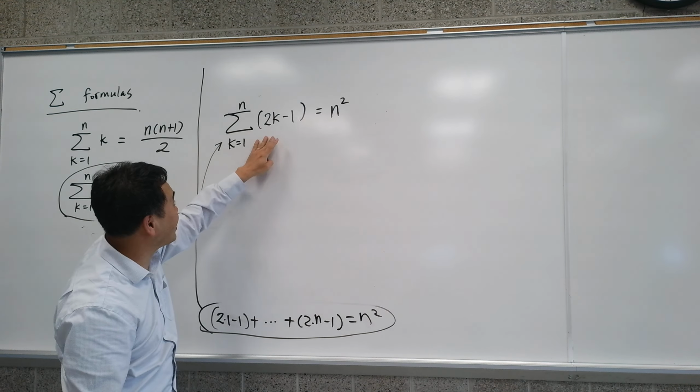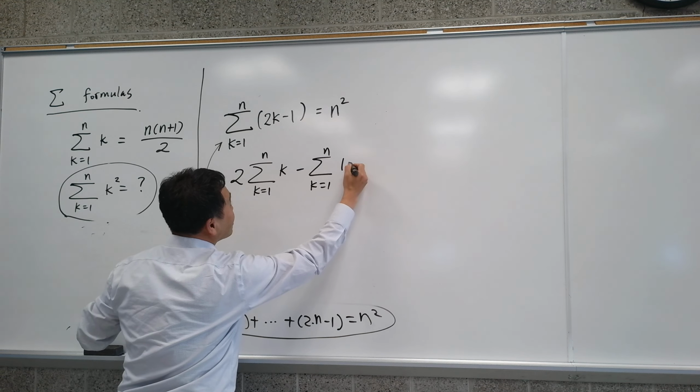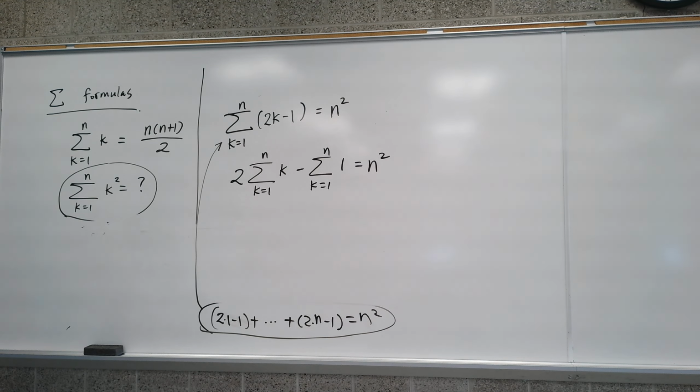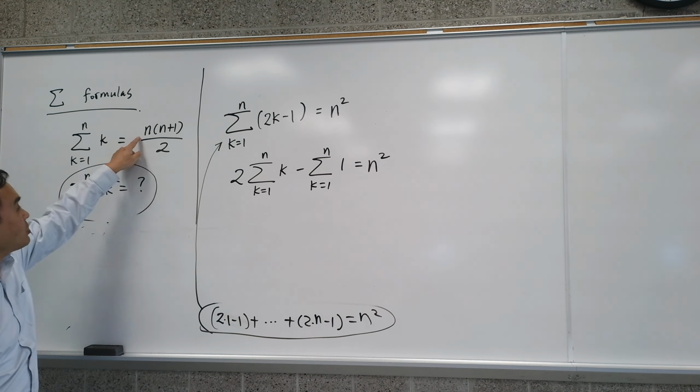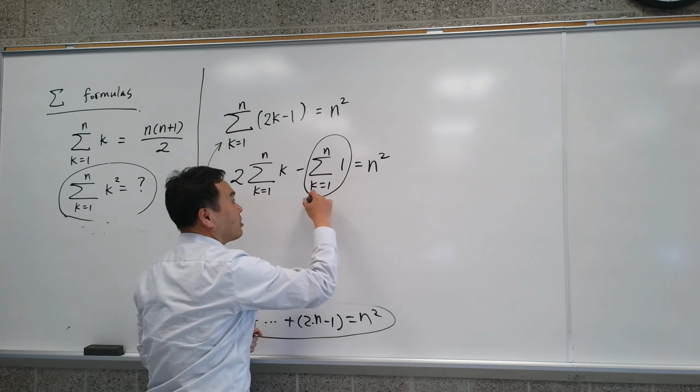Since this is already proved, we can rewrite this as 2 times summation k equals 1 through n of k, minus summation k equals 1 through n of 1, equals n squared, just like that. And then you put this in here, and 2 and 2 will cancel. What does this evaluate to?